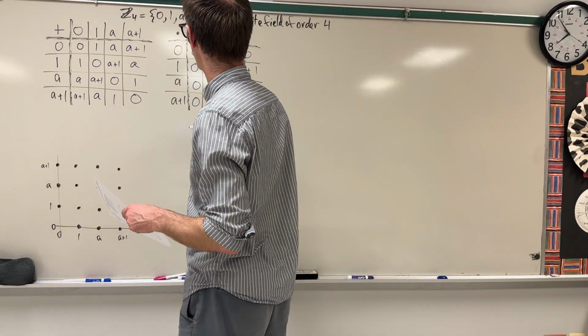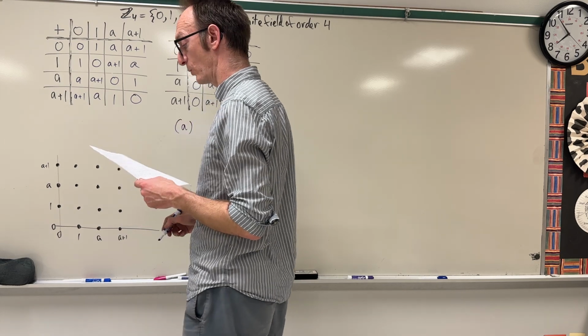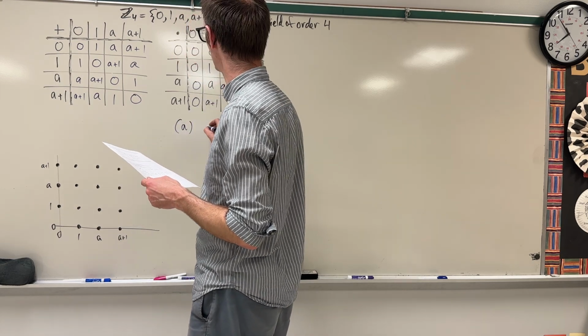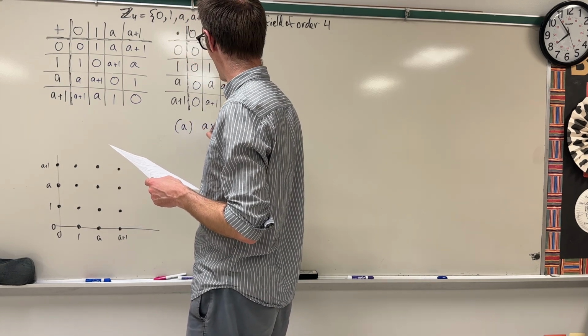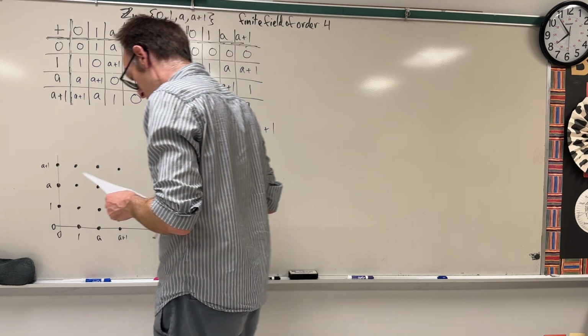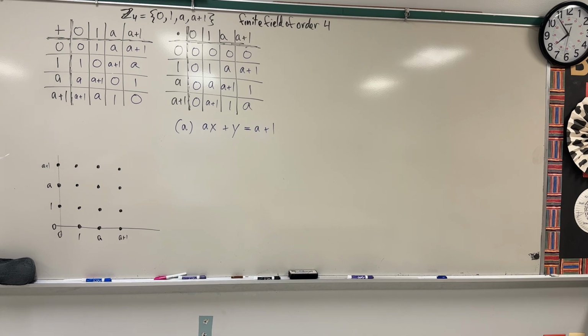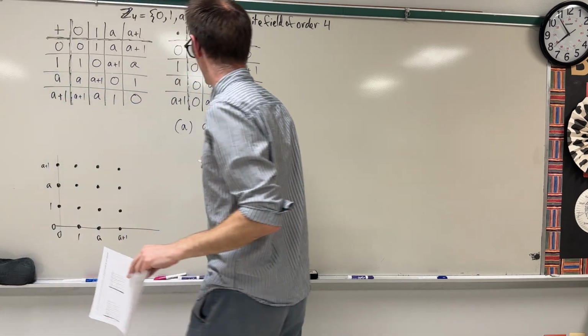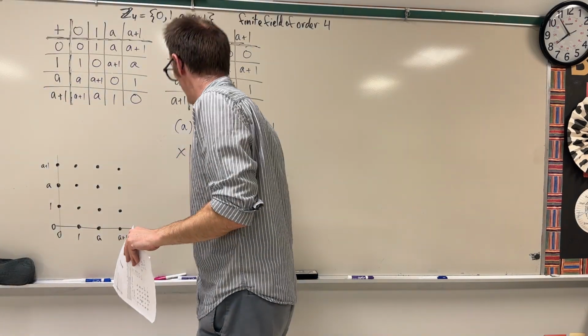Okay, so the very first thing I asked you to do in this worksheet is to find the line ax plus y equals a plus 1. Okay, how should we do this? I'm going to do it like I did in the other video.